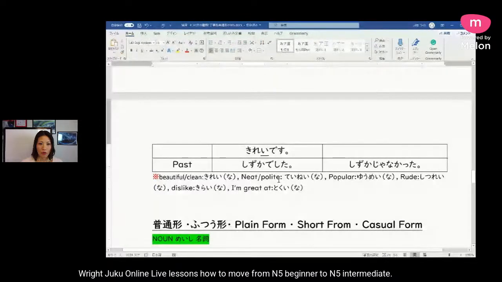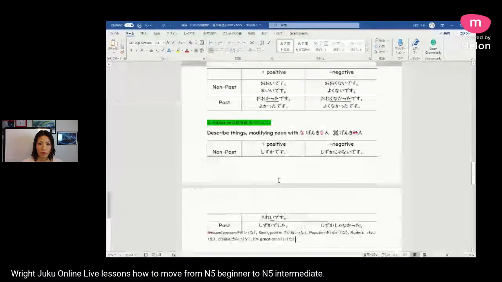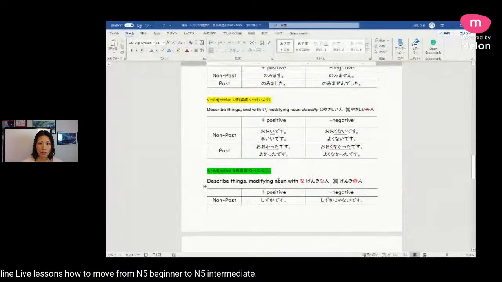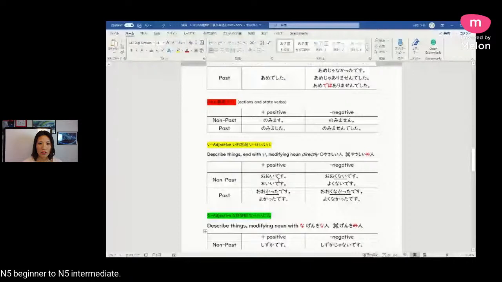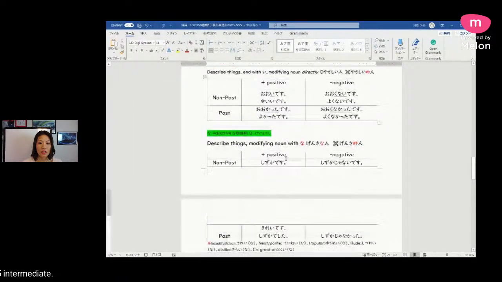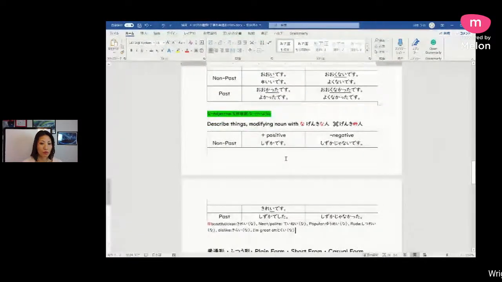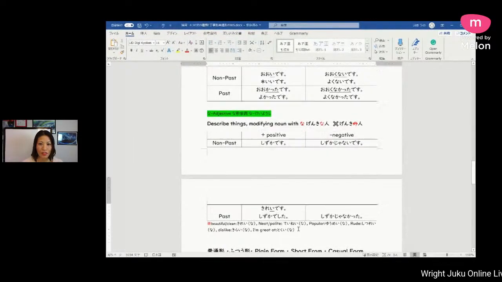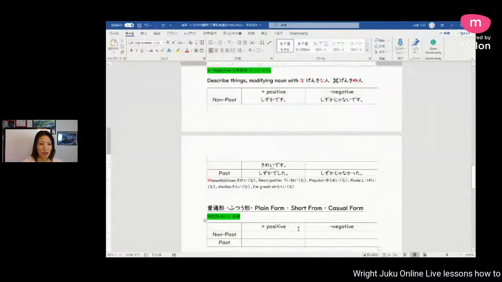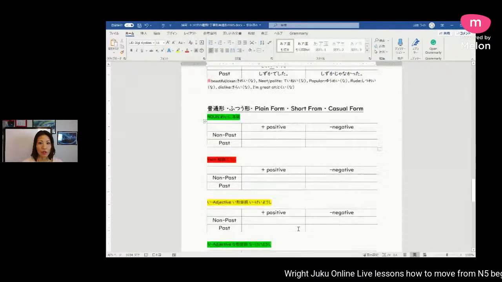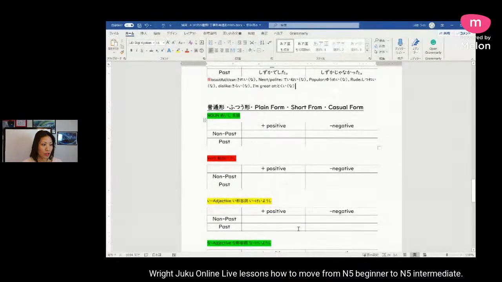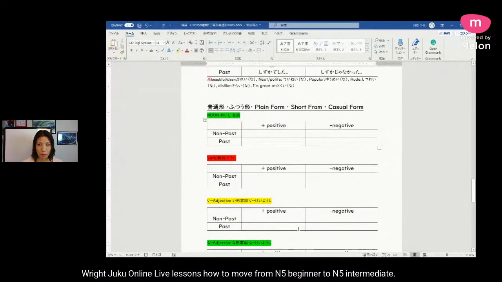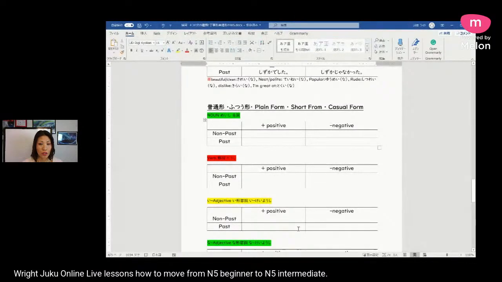So now we finished the polite form. These are like 16 sentence patterns that we finished in a little bit over one page. So on the next page, we are going to go over the plain form together, and we're going to use the same words from the polite form so that when you get confused, you can compare.